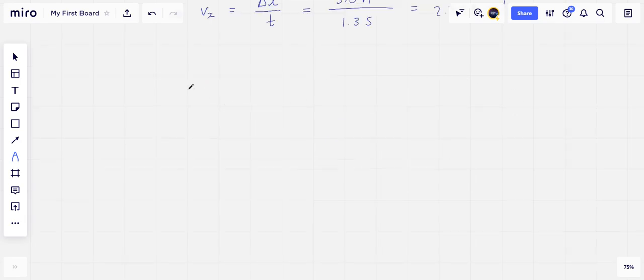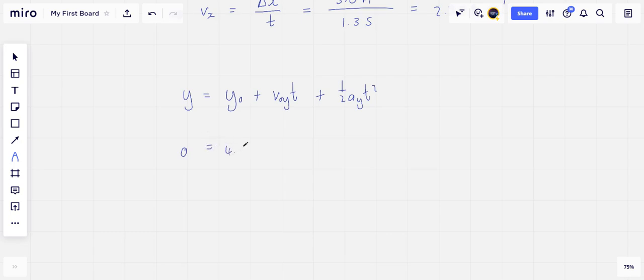Now we can use a kinematic equation to find the initial y velocity. We'll use y is equal to y0 plus v0y times t plus a half ay times t squared. So the final y position is 0.